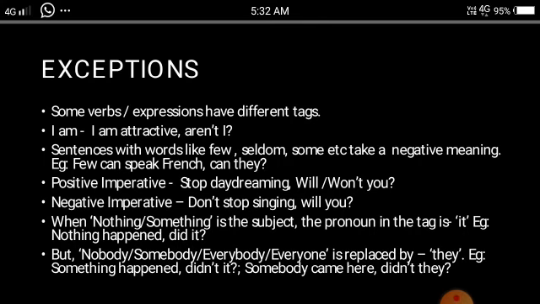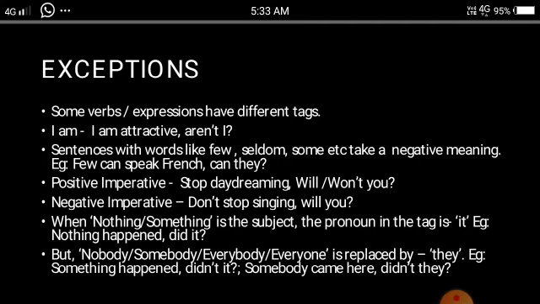You say, aren't I? I am older than you, aren't I? Okay. When you use I am, the question tag, the interrogative form of I am will be aren't I.